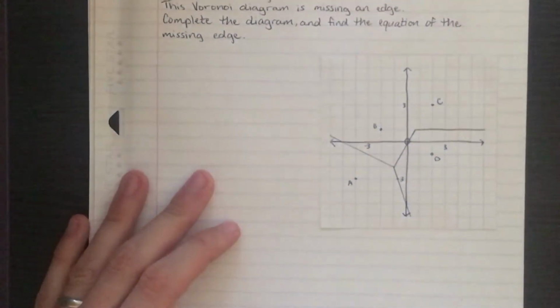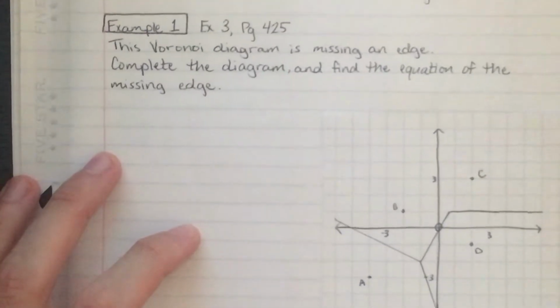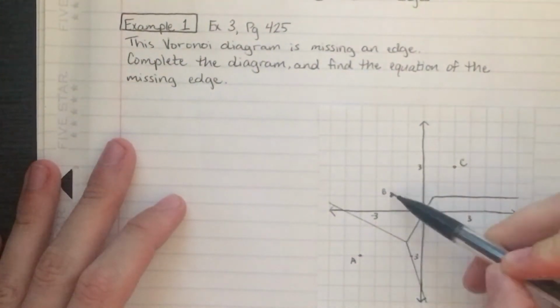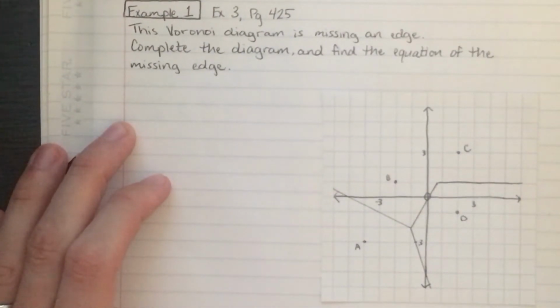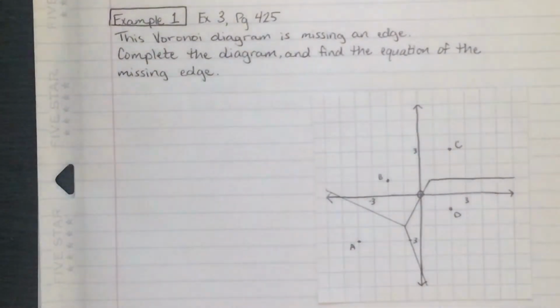We're going to start with this diagram right here. We've got 4 sites: A, B, C, and D, but it's an incomplete Voronoi diagram. The first thing we're going to try to do is recognize where we are missing a perpendicular bisector from.